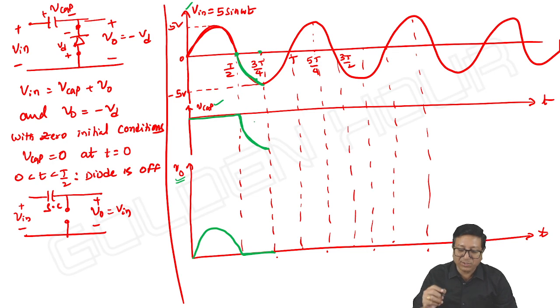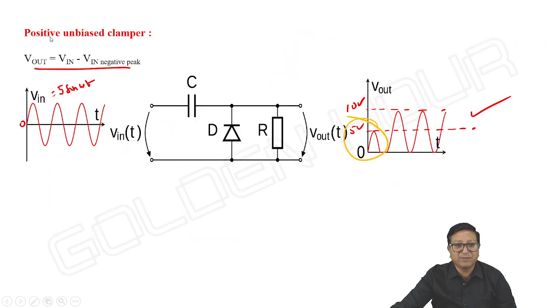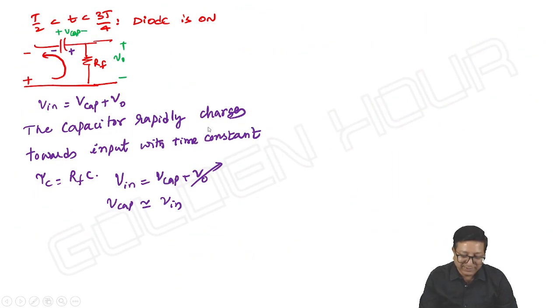Means the capacitor voltage is now negative. What is V capacitor? V capacitor polarities I took from plus minus, but it is charging from right to left, is it not so? So V capacitor is negative. No doubt about it. Input is negative, V cap is also negative.